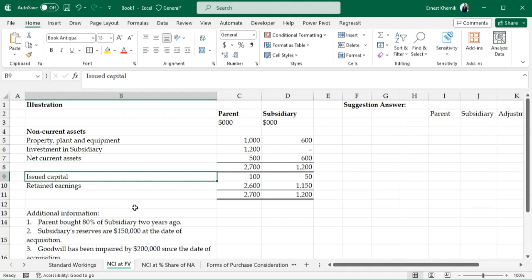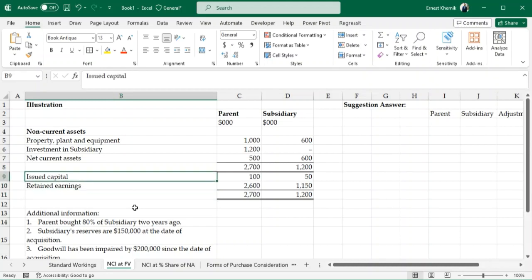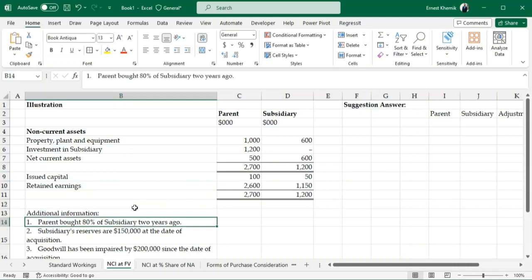Then we have issued capital and then retained earnings. For this business, we don't have non-current liabilities. That means that the business is an all equity financed entity. Right, then we have a few additional information here.